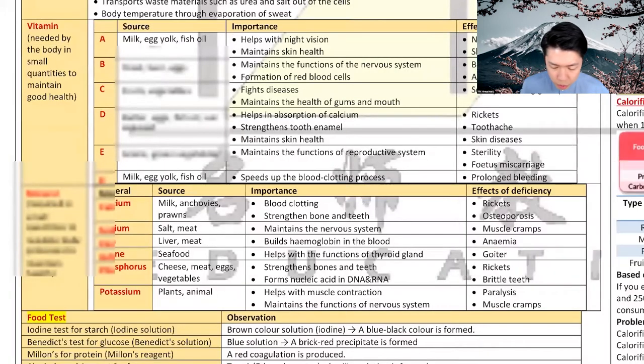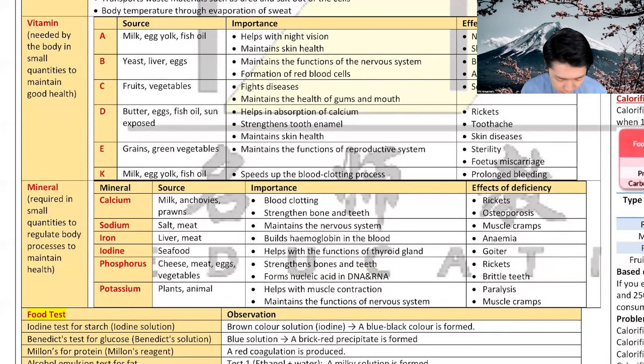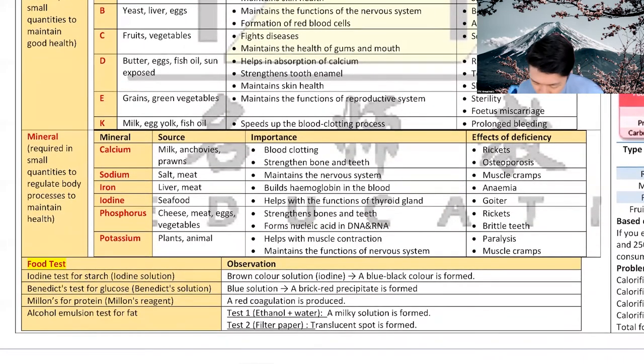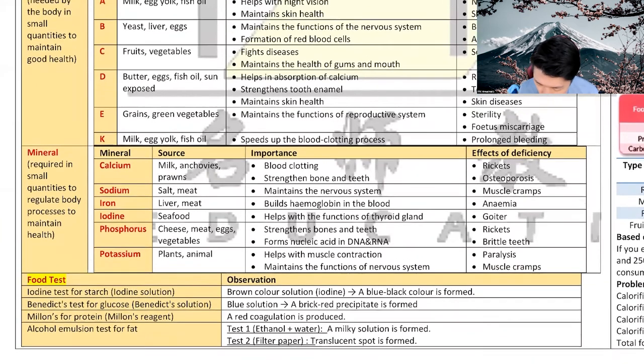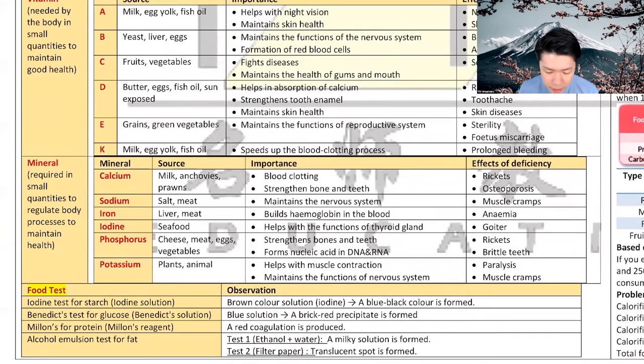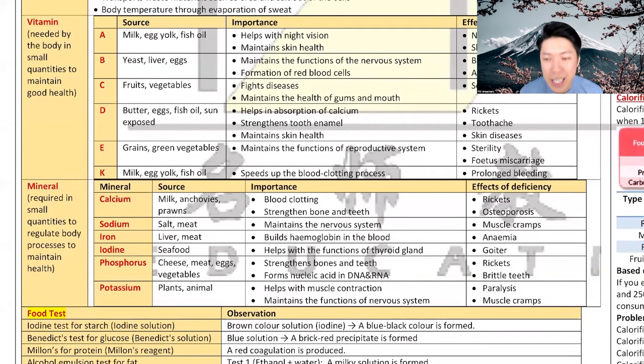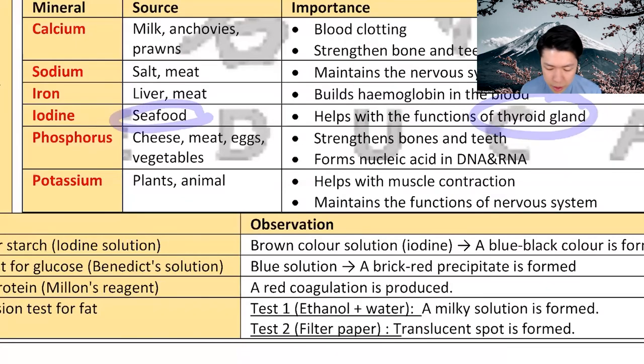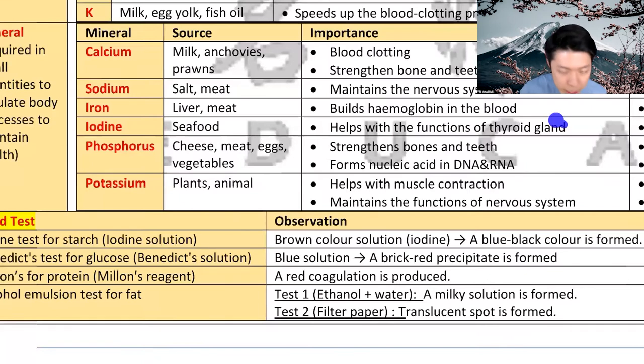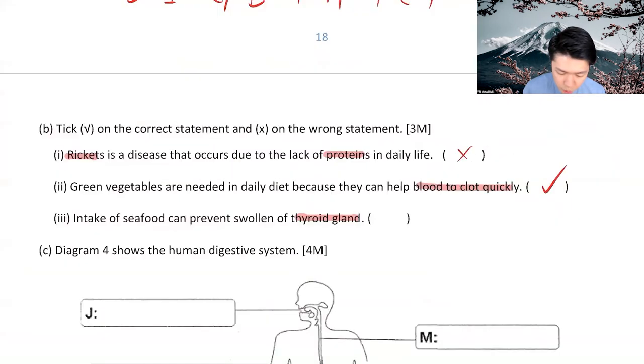It's related to the thyroid gland. Okay, take a look here. Thyroid gland swelling will be goiter, by the way. Okay, seafood, yes, seafood helps with thyroid gland issues. Okay, can? All right, so that's a correct statement.